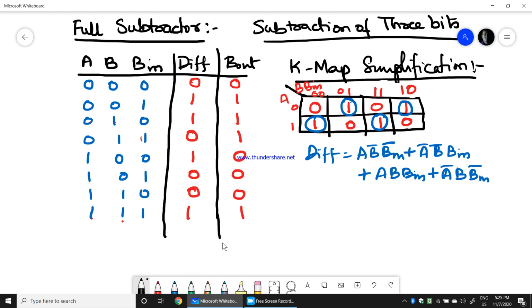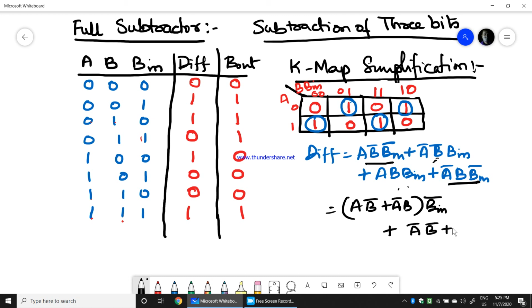So now what we will do is, with this and this, I'll take B in bar common, and with these two, B in common. So therefore difference would be equal to A B bar plus A bar B, multiplied by B in bar, plus A bar B bar plus A B, multiplied by B in.